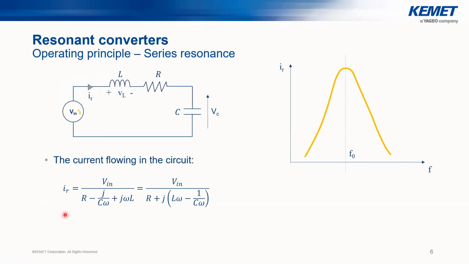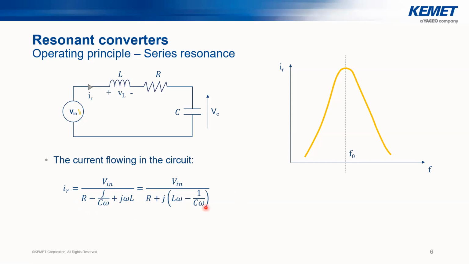The current will have this type of equation as follows. It will be dependent on the input voltage, of course, and also on the overall impedance of the circuit, which is dependent on the resistance, the reactance of the capacitor, and the inductance.